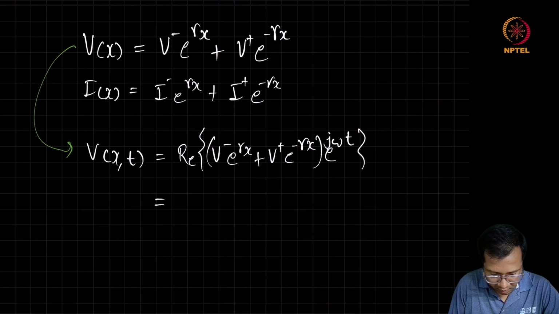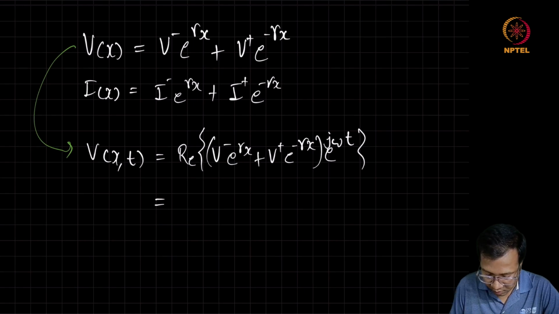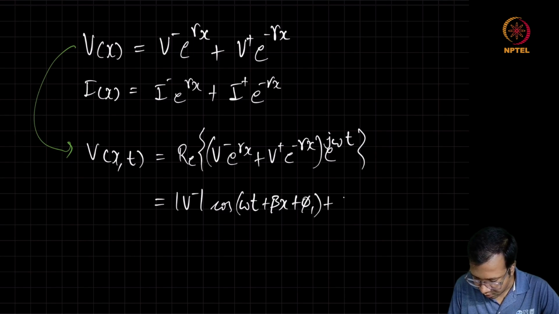And if I take a general scenario where V minus and V plus, which are also complex numbers, have their own phases, let's say phi 1 and phi 2, we can write it down as V minus magnitude cos of omega t plus beta x plus phi 1, and V plus magnitude cos of omega t minus beta x plus phi 2.